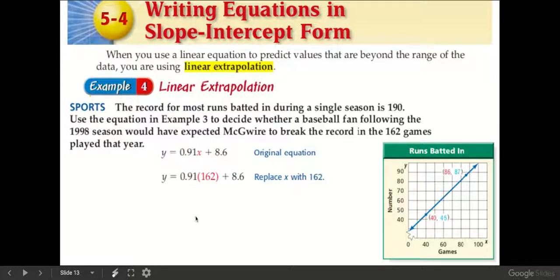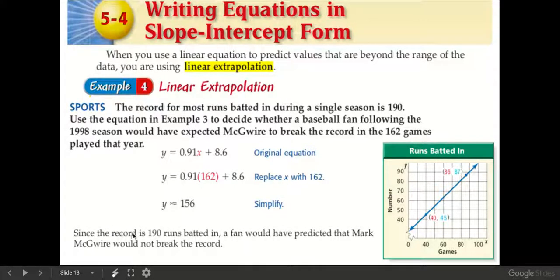So 0.91 times 162 plus 8.6 is approximately 156. The question is, if the record was 190, would 156 break it? The answer is they would have predicted no, he would not break it. So that's how you can use an equation to predict what's going to happen outside of the data range.